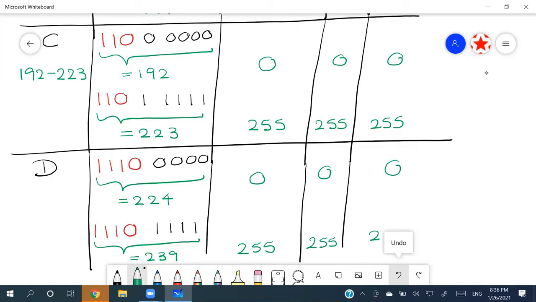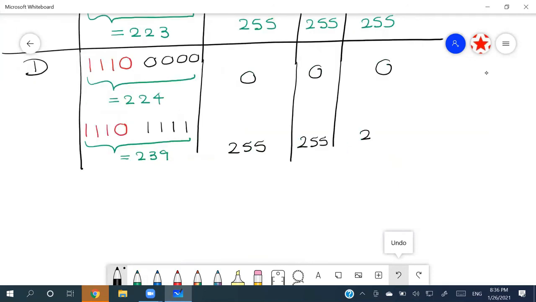So that gives you the range for class D from 224 to 239.